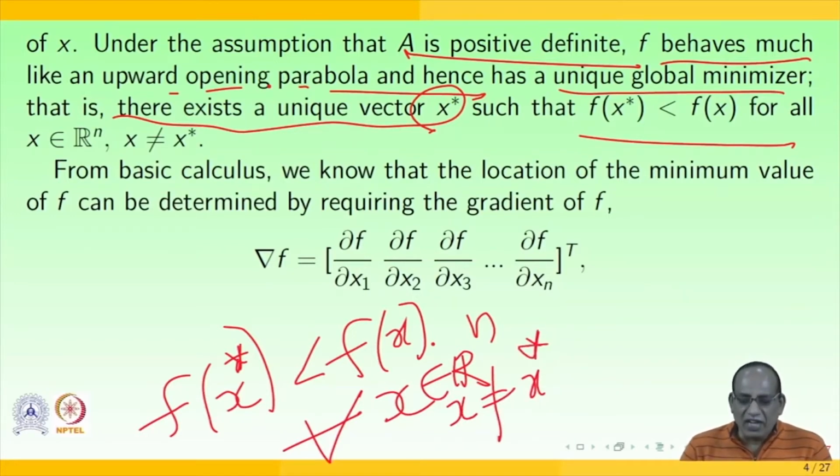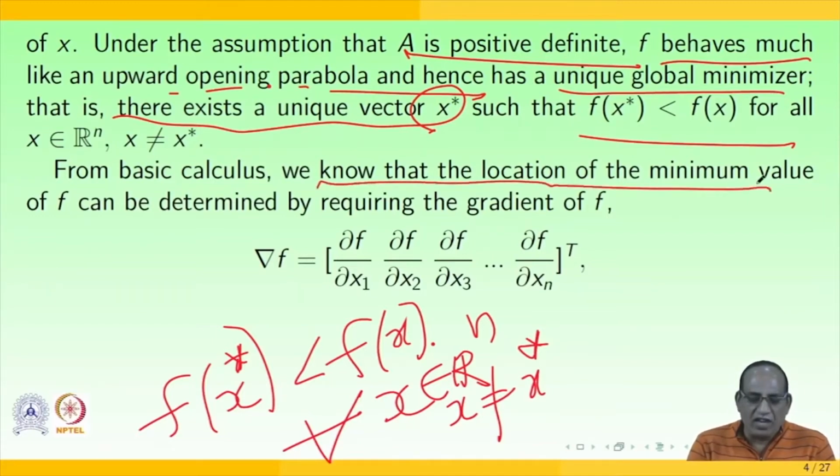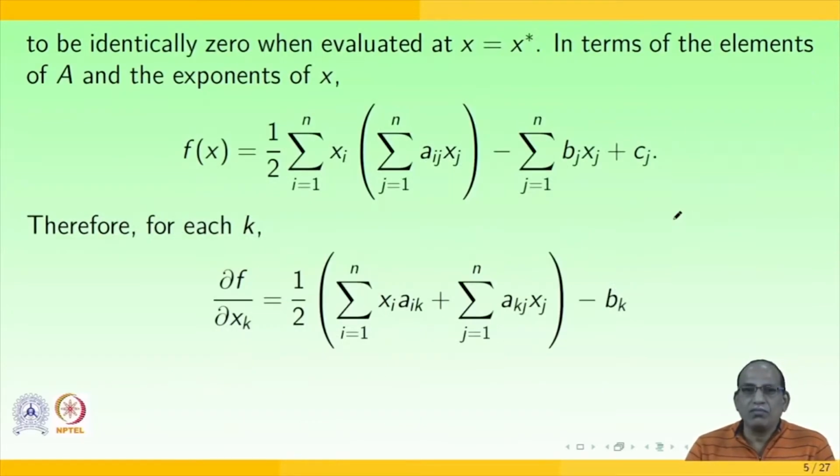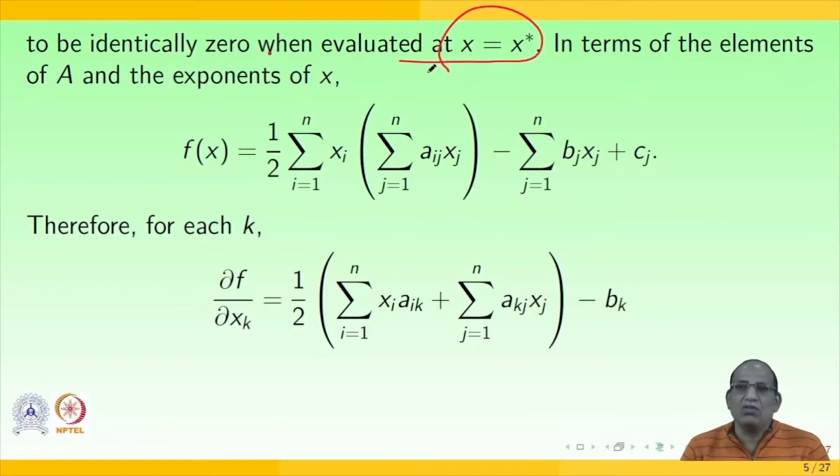From basic calculus, we know that the location of the minimum value of F can be determined by the gradient vector, del F, which is equal to df upon dx1, df upon dx2, df upon dx3, and so on, up to df upon dxn, whole transpose, being identically 0 when evaluated at x equal to x star.